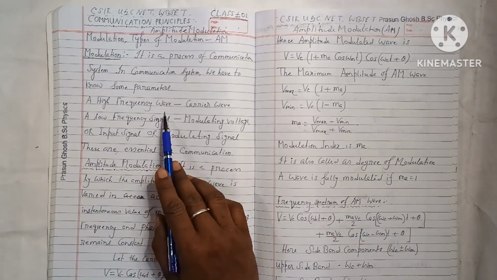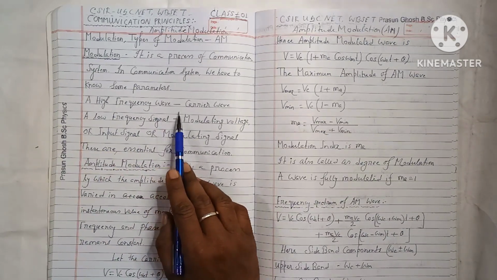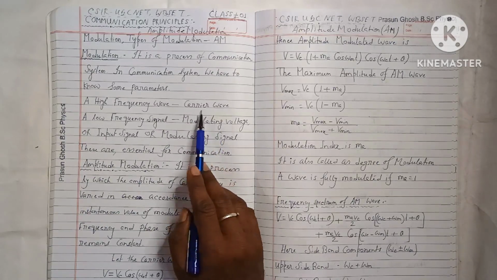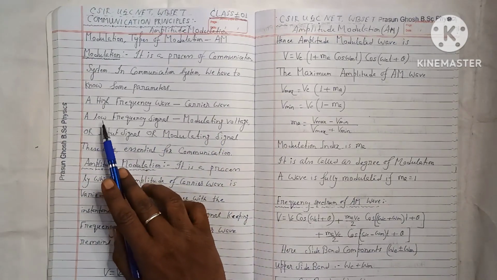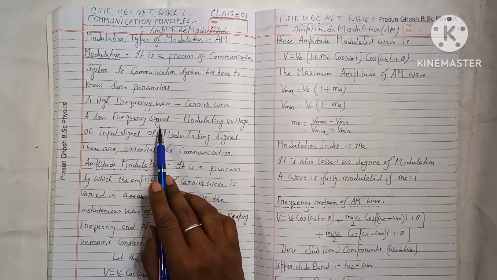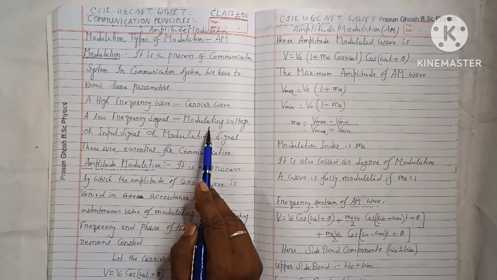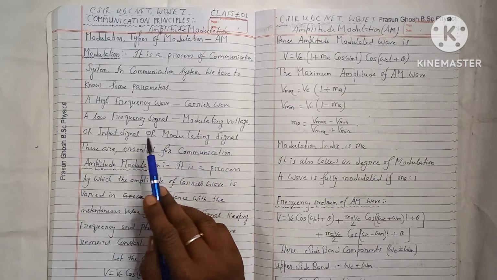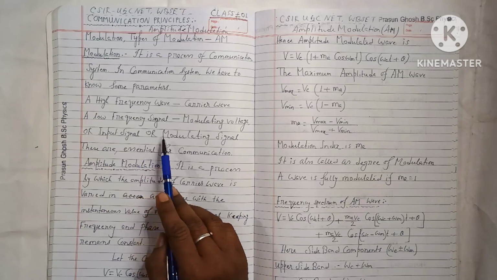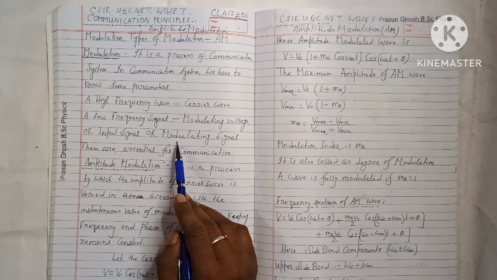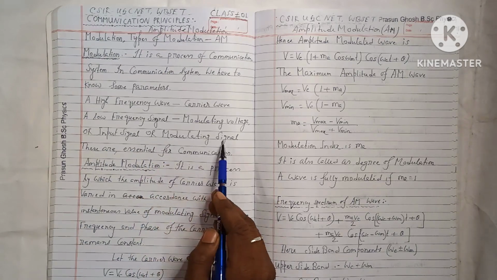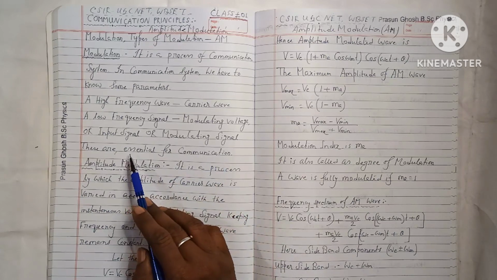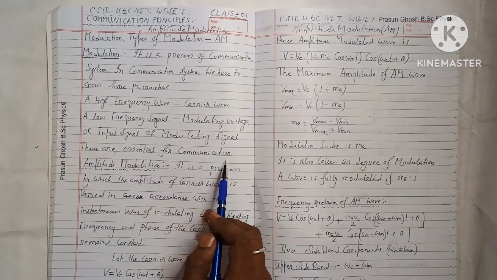A high frequency wave is known as the carrier wave, and a low frequency signal is known as the modulating voltage or input signal, or modulating signal. These are essential for communications.